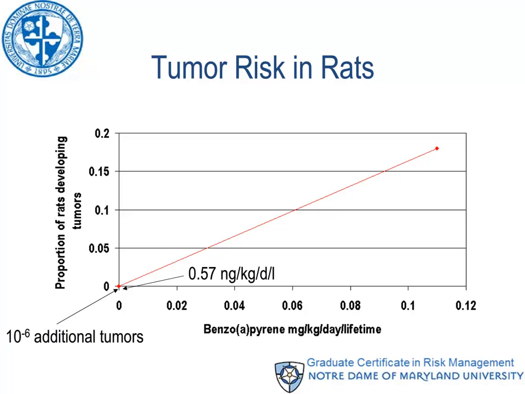And when we move on over to that red line to the curve and drop a perpendicular onto the horizontal axis, that's when we would get 5.7 times 10 to the minus 7th. And that is equal to 0.57 nanograms per kilogram daily for a lifetime.